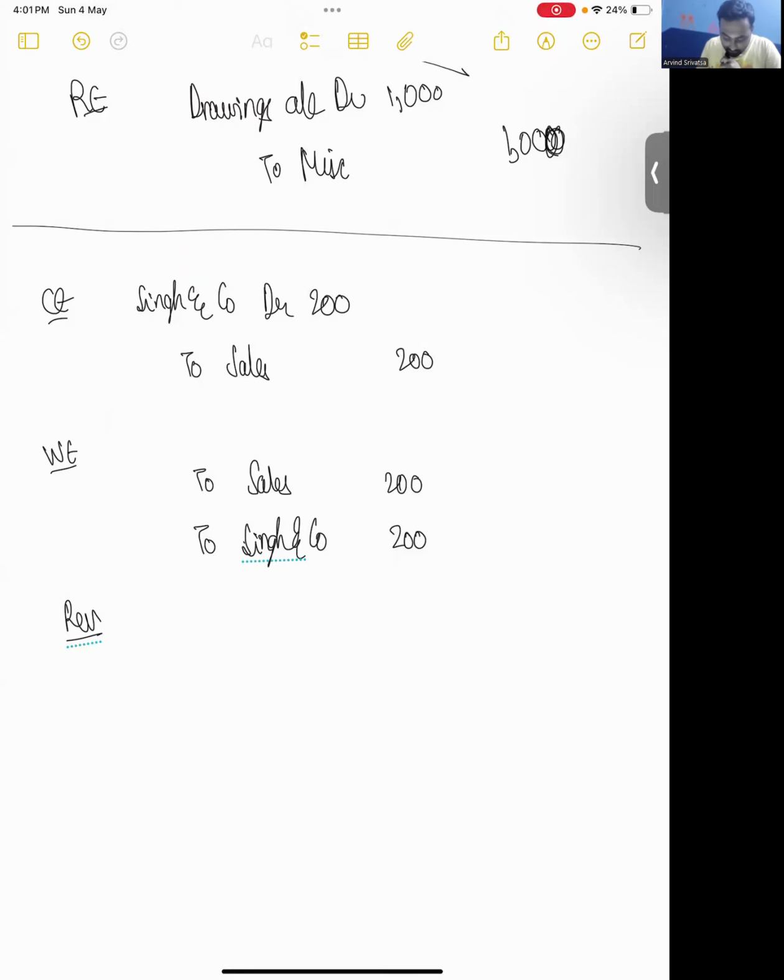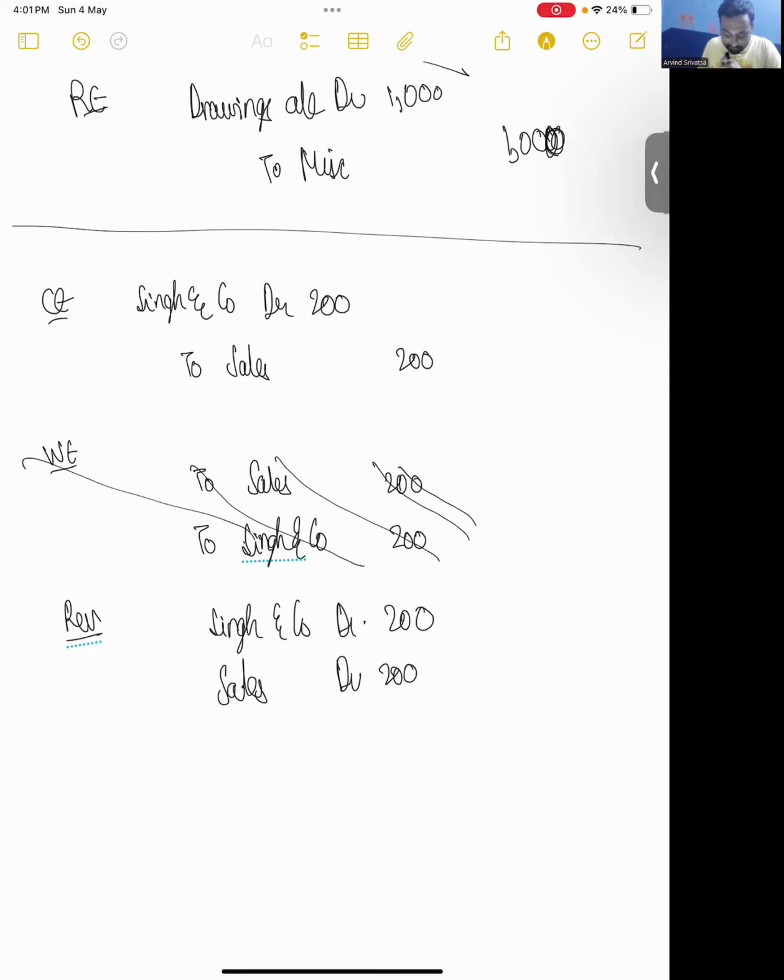So Singh and Co debit 200, sales debit 200. Throw this away, sir. We reversed it. It's nullified. We don't need this. So sales debit, sales credit get cancelled. Your Singh and Co has a debit of 200 already, and another debit of 200 will make it 400.